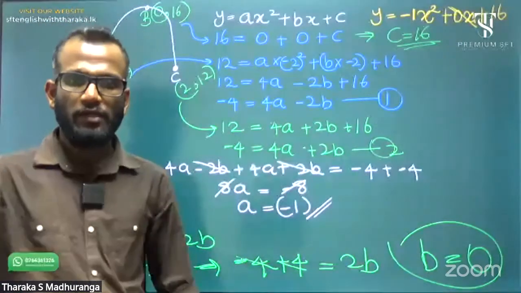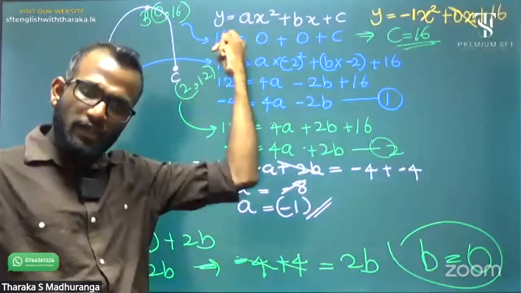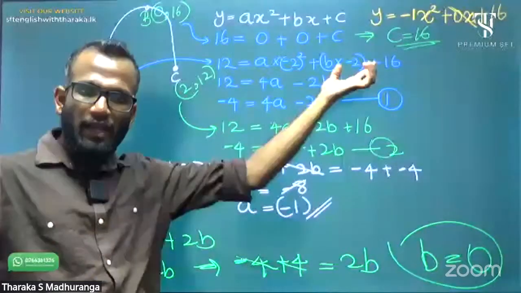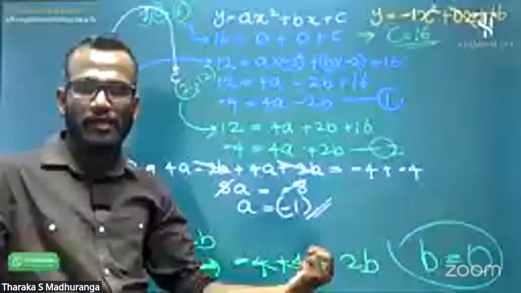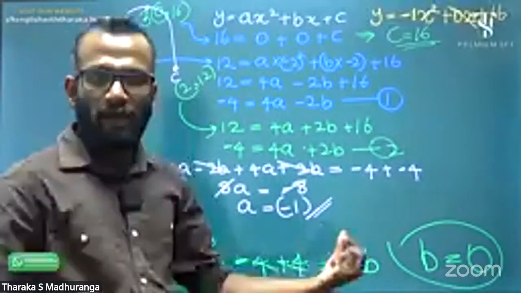Any doubt? First substitute the turning point into the common equation. In this way, you can find A and B values.